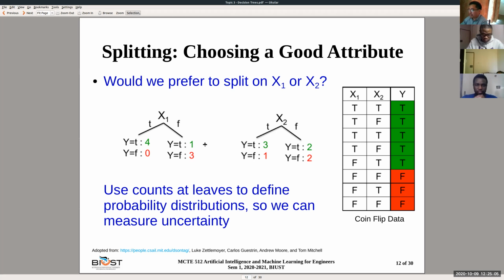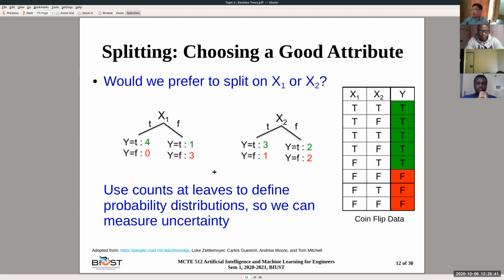In this case, we want to investigate which one will give us a much simpler computation or a much simpler tree, and a higher possibility of the decision being according to the data that is given.